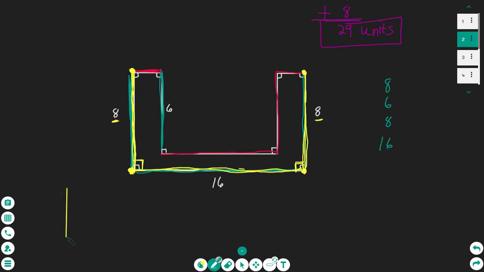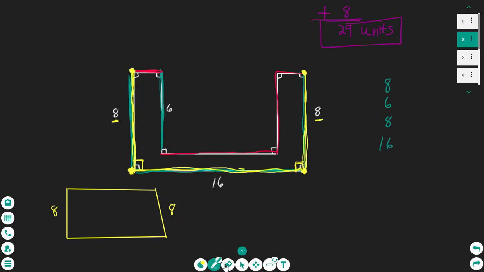Maybe one leg goes up like this, then we have the big long bottom, but then maybe this leg over here is slightly bent. Now that would be a problem. Why would that be a problem? Because if this line were slightly slanted, the top line would have to be coming downhill slightly.